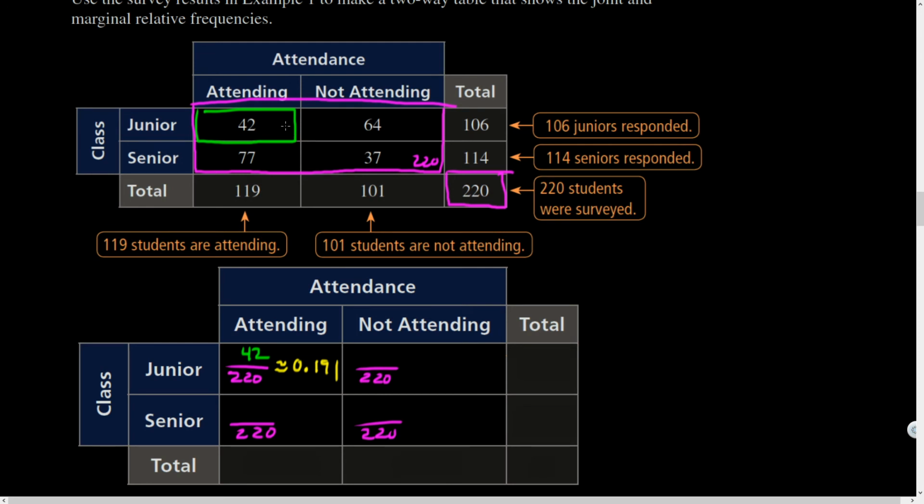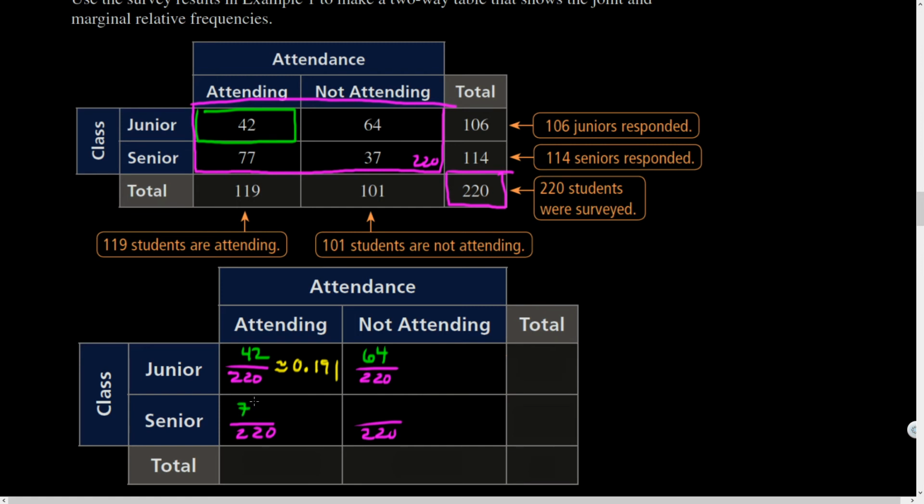I'm finding the joint relative frequency. Joint because I'm combining those who are juniors and attending, joining those two things in logic, and then dividing by the total number. And it's relative to the total population or data set. Okay? And so over here, for the number of juniors not attending, there were 64.